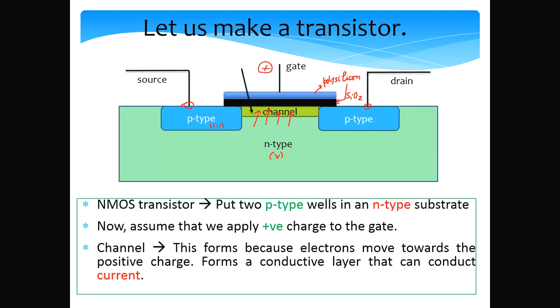In this case, a channel will form, a channel of electrons, because all the electrons will migrate towards positive charge. And the channel over here, which is rich with electrons, is a conducting channel because it has a lot of charge carriers. So it will be possible to actually pass current from the drain to the source via the channel. So that is a possibility.